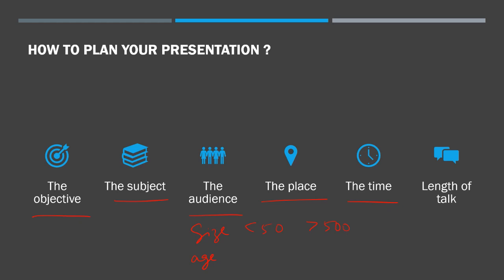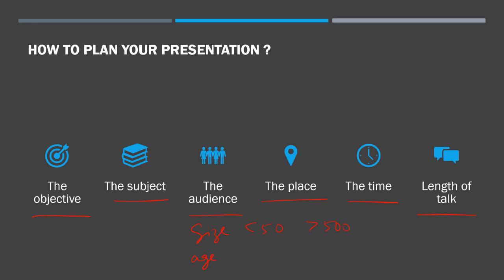Then last aspect that you have to consider is the length of the talk. So what is the length of the presentation that you are going to do? If the organizer says that it is going to be 1 hour of presentation, then you need to plan in such a way that you deliver the information or the topics, whatever is given to you or you have chosen, in 45 minutes, and then leave the other 10 or 15 minutes for taking the questions.